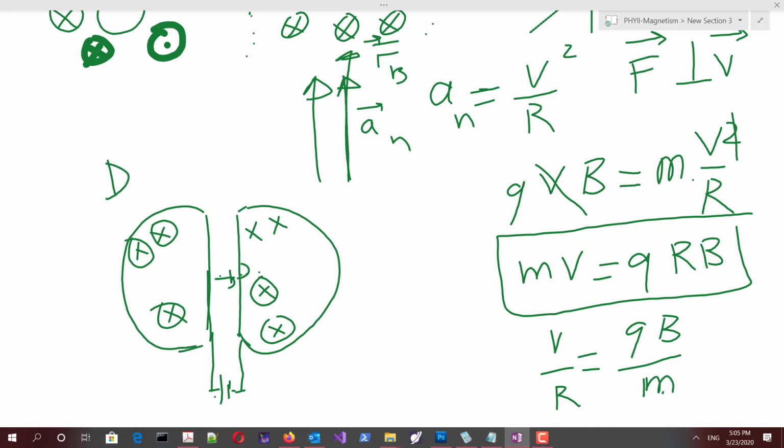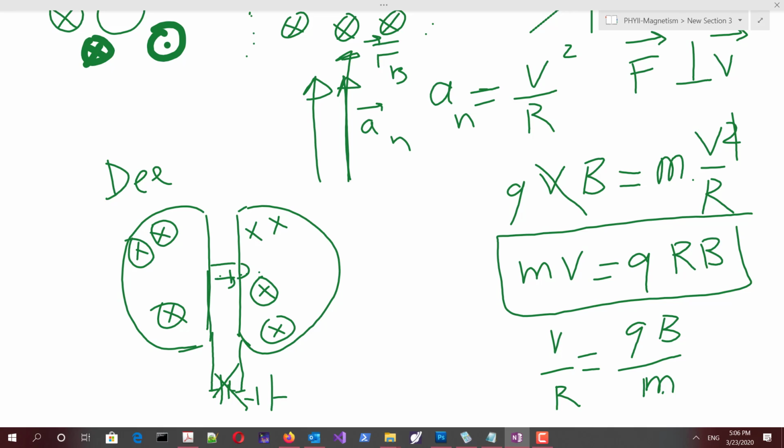These are called D's, because they're shaped like the letter D. Two of them. Now, once the particle emerges from that region, I'm going to flip the polarity of this battery, making it this way. So the charge is going to fall into the other region.